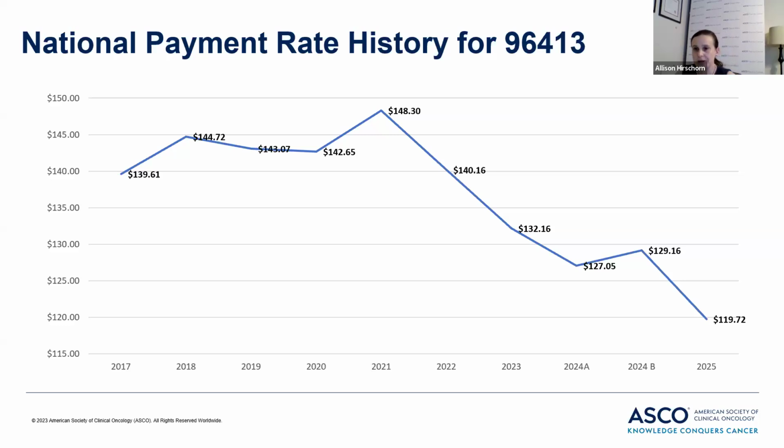In 2024, CMS did increase the conversion factor from March through December, so you can see where the payment rate went up from $127.05 to $129.16. However, the proposed conversion factor for 2025 will bring it down once again.